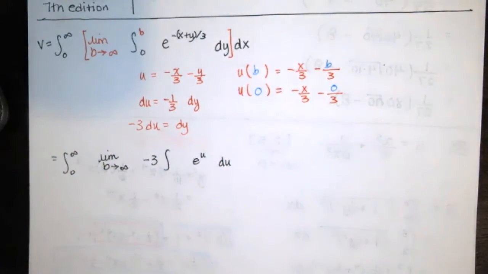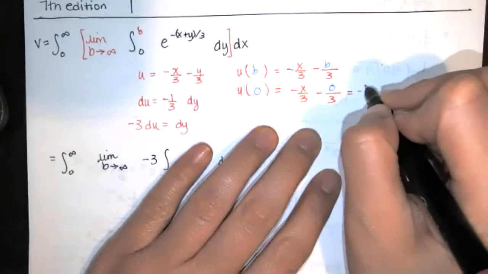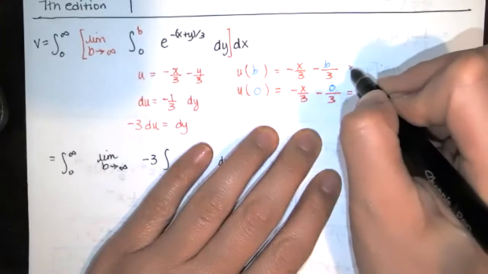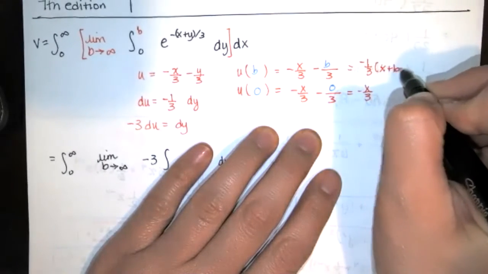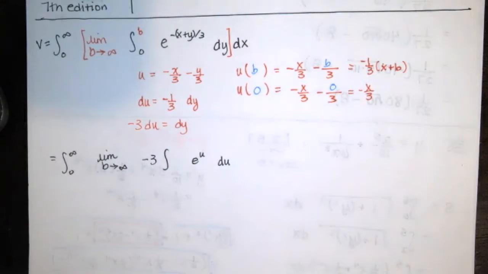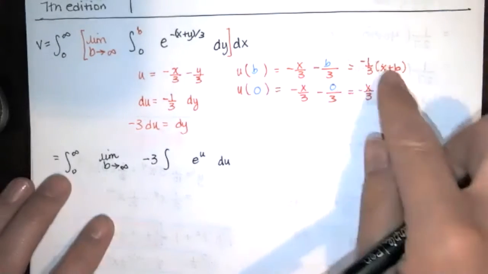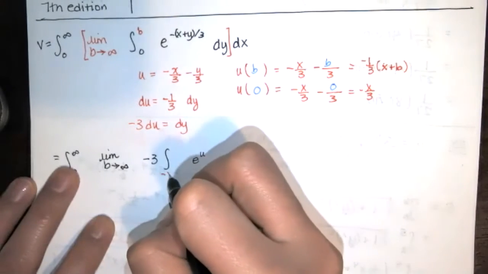When y equals 0, we just get negative 1/3 x. And over here, you can factor out the negative 1/3 again. That's negative 1/3 times the quantity x plus b. So that's our new upper limit, and that's our new lower limit.